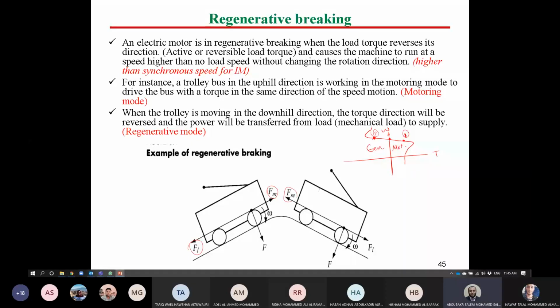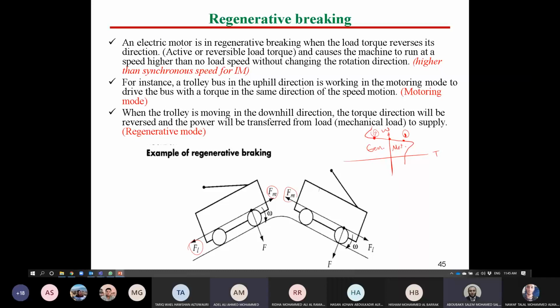In this case, the machine will work in the regenerative braking mode. Here, the machine itself is the brake. The motor itself will serve as a brake.